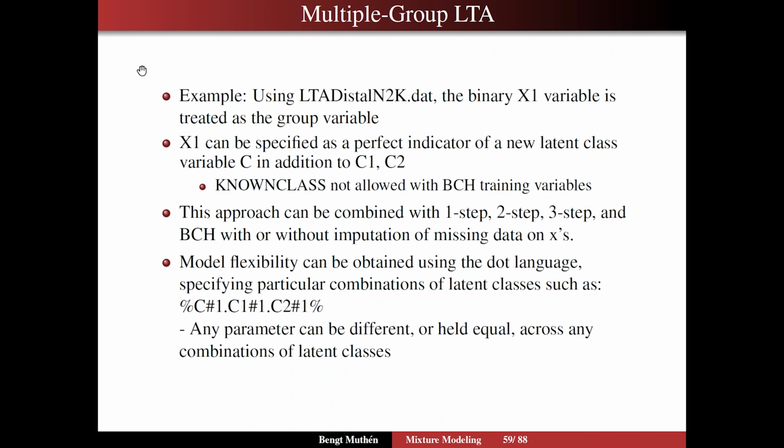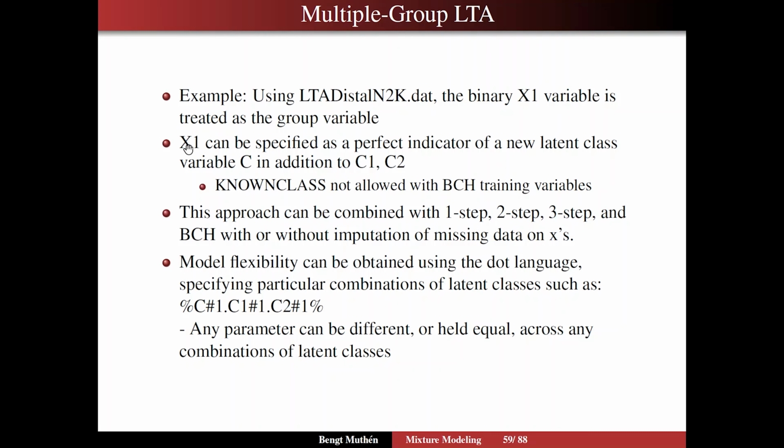Slide 59 then. We're going to use the same data set as before early on in this talk for multi-step analysis. We're going to treat the binary x1 variable as a group variable, you know, could be male female, for instance.